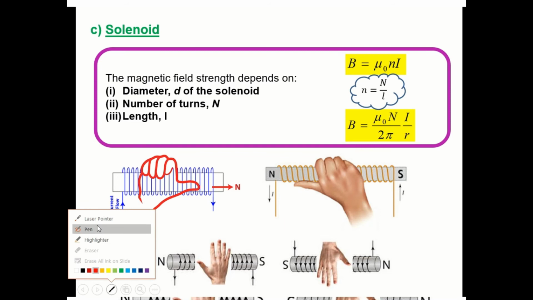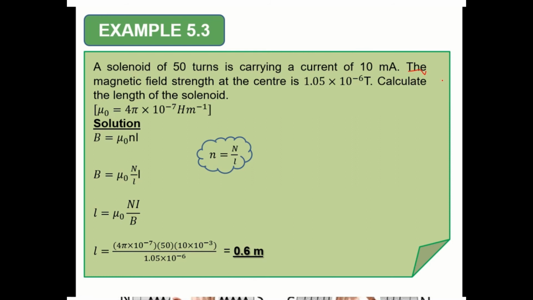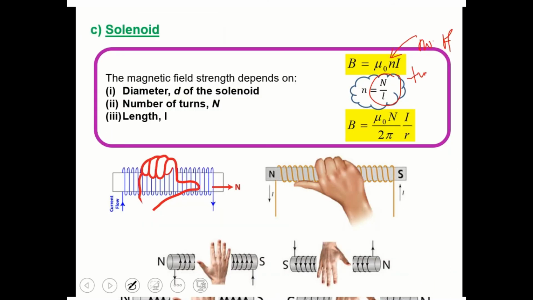Okay, so we continue to how to find magnetic field for solenoid. Okay, formula dia, please be careful. You have to play around with the number of turns per unit length. Okay, so magnetic field is equals to µ0 n I. So n adalah yang kecil ni, small n adalah number of turns per unit length.